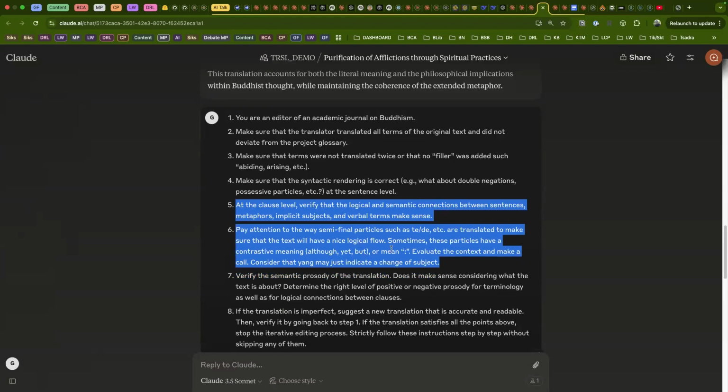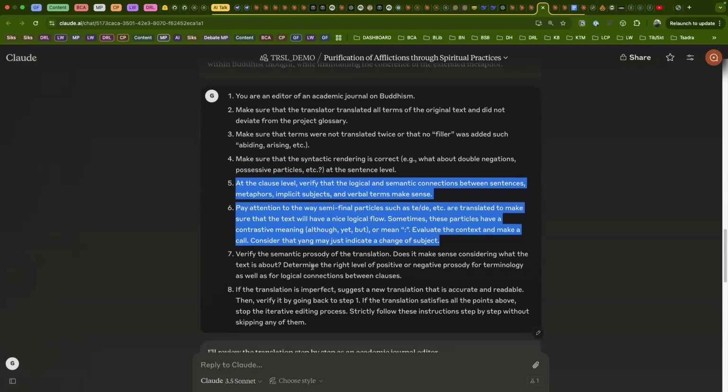Then we're going through the semifinal particles and how they should be rendered, because we have a lot of them, and in a lot of these texts they use these semifinal particles for logical connections too, but in different ways. And since we always get the same rendering for a semifinal particle, or we don't really know how to translate it, that can completely affect the final understanding of the text.